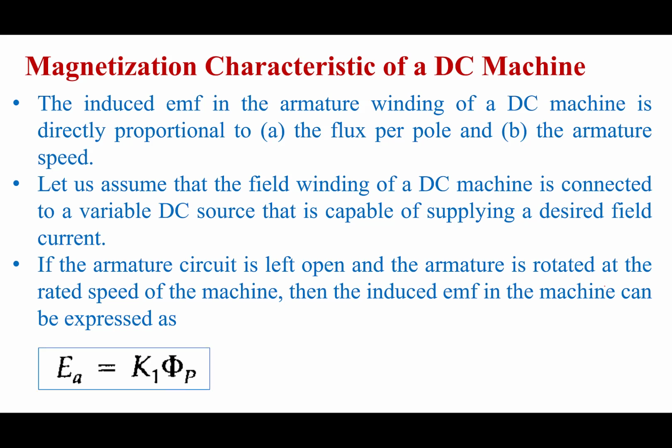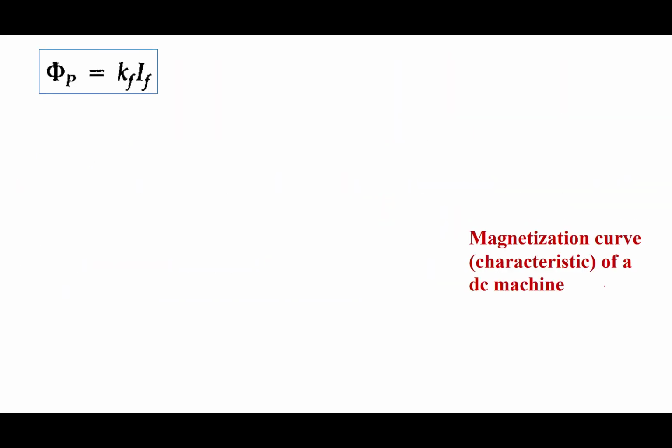Because the speed is constant, EA will become K1 phi P, where K1 is equal to Ka omega M, which is another constant because omega M is constant here. Now what will happen to the magnetizing characteristic? So phi P equal to Kf If. We know this because your flux will depend upon the MMF. So MMF will depend upon the current, right?